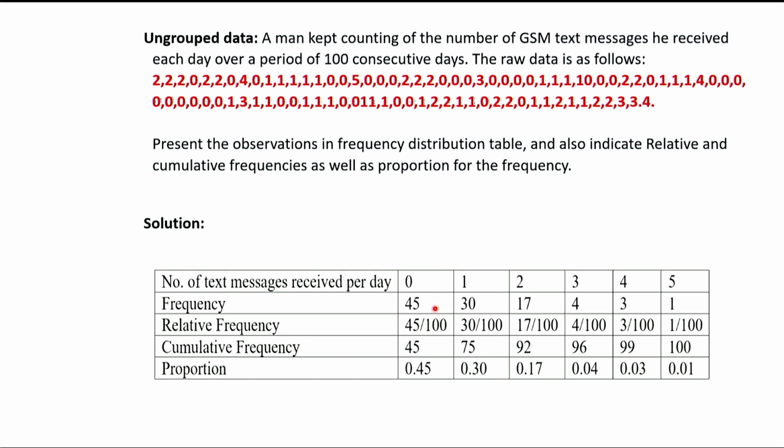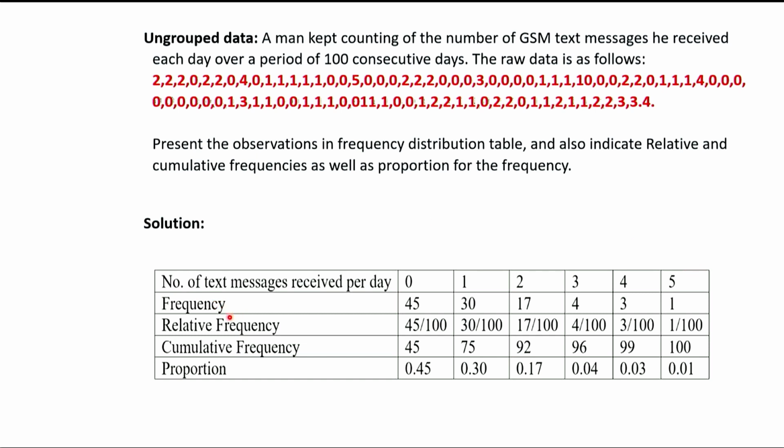That is, in 45 days he received nothing out of the 100 days. For 30 days he received 1 text message. For 17 days he received 2. For 4 days he received 3. For 3 days he received 4. For 1 day he received 5.